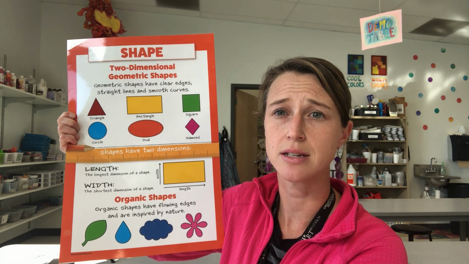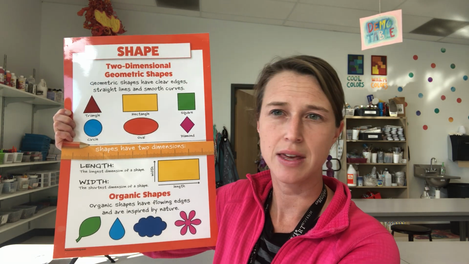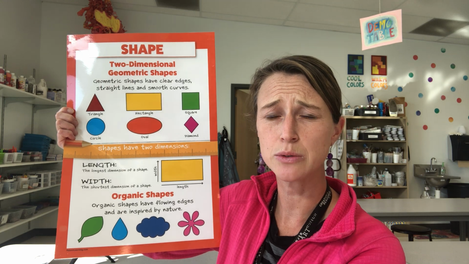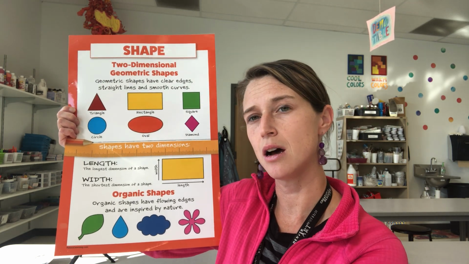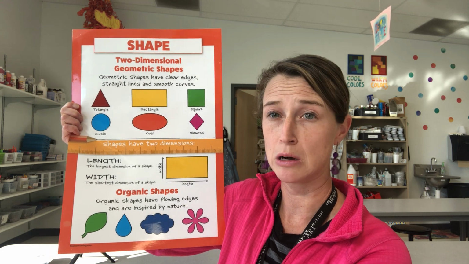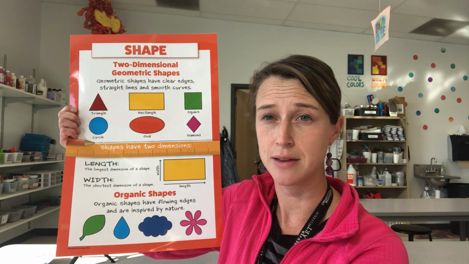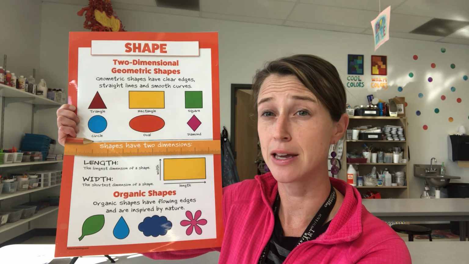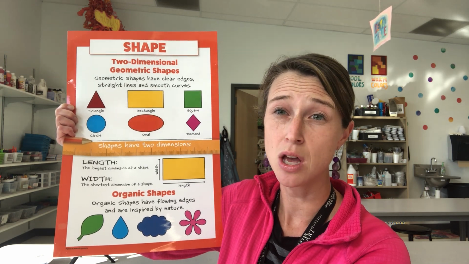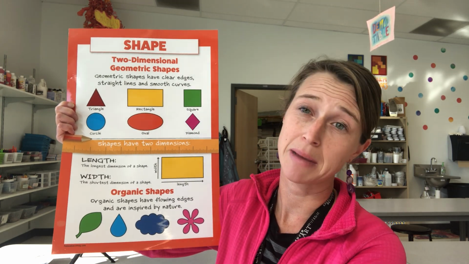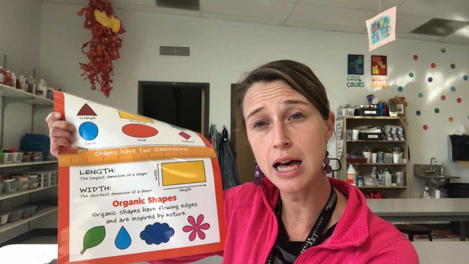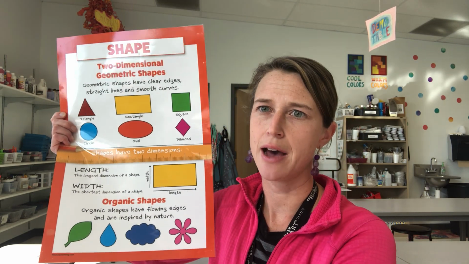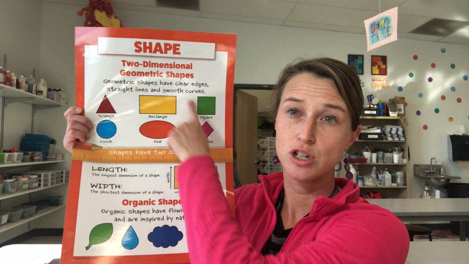Geometric shapes have nice straight lines, things that might be perfectly round or symmetrical, and organic shapes are kind of what I call wackadoodle shapes because they've got nice curvy lines and they don't usually have names, although you can say that they might look like a leaf or they might look like a cloud. They don't actually have names like geometric shapes do, okay?